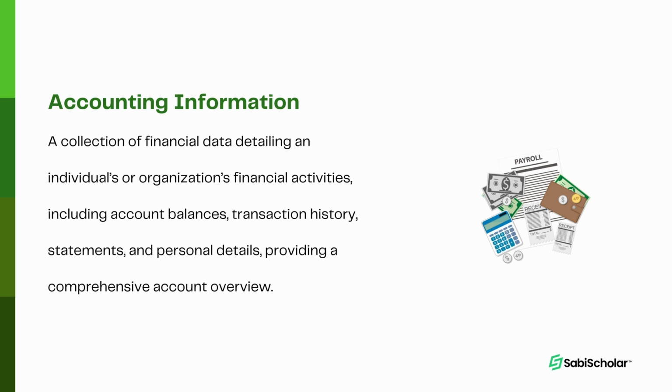So basically what we are saying here is accounting information is any piece of information, any data regarding the financial activities, the financial transactions of any business entity. That is basically what accounting information is all about. So it encompasses a range of elements that provide a comprehensive overview of an account's status and history.